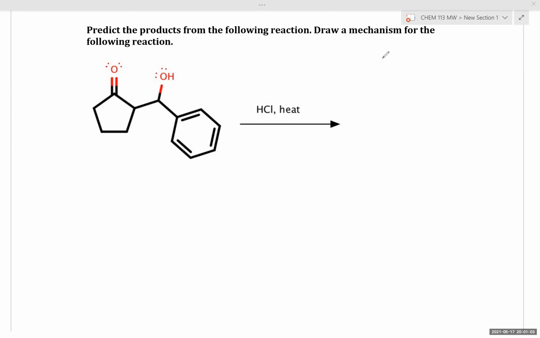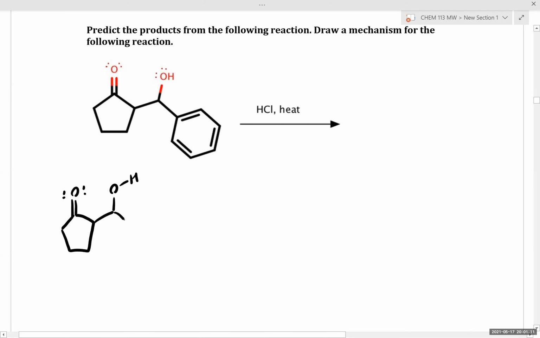So let me clear these annotations and let's just redraw this mechanism for our reference. We have this beta hydroxyketone and we're treating it with strong acids such as hydrochloric acid.